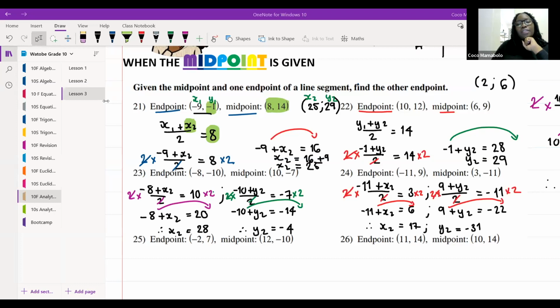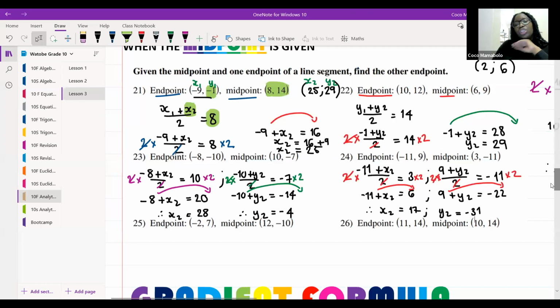I just want to ask if anybody else has a question before we do number 25. If you don't have a question and you want to try one of the questions, can I ask you to put your hand down? But if you have a question, please put your hand up and then we'll have a quick conversation about it.